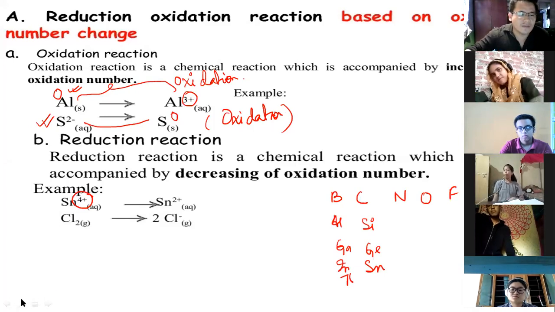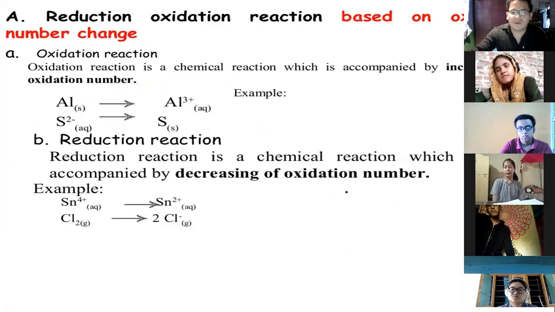For redox chemistry, this is an important point. You try to remember all the names of the elements belonging to the p block. Let us do a quick revision of the p block.